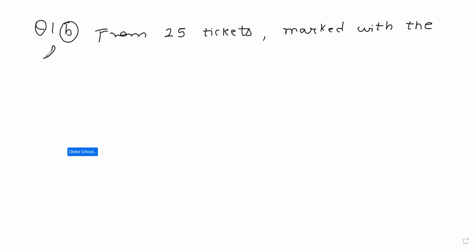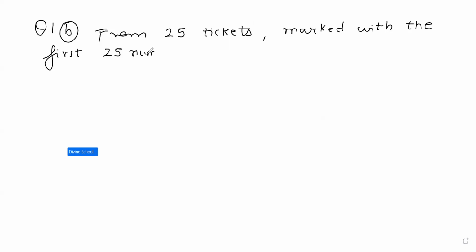Okay, so I can write that from 25 tickets, this is my question, from 25 tickets marked with the first 25 numerals.